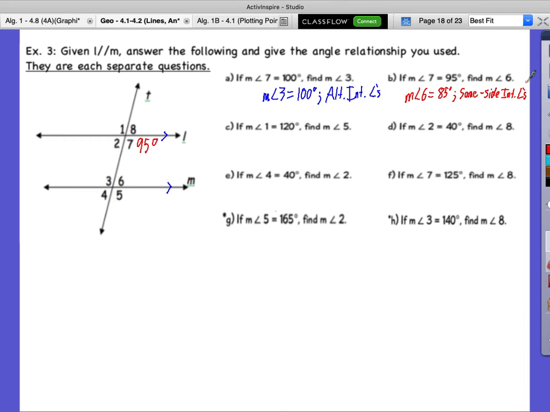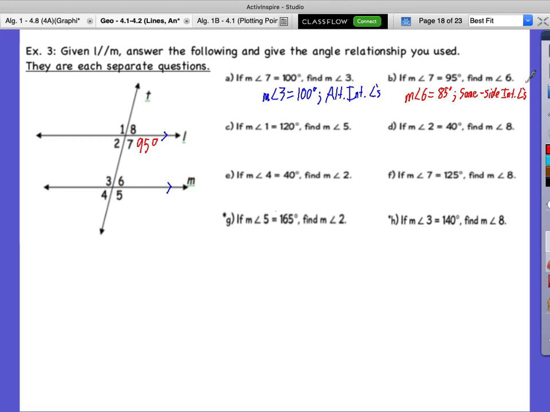So one's inside, one's outside, right? They're both on the same side. You're gonna wanna get to 8. What's the easiest way to get close to 8?